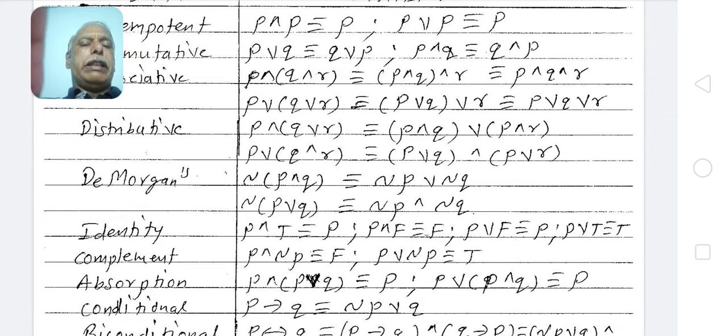Now the identity law. P and T is equivalent to P. How is it possible?